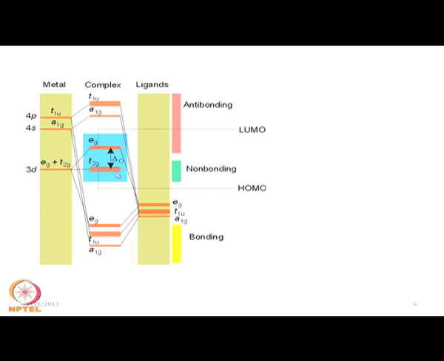But it is not only that. The eg level is involved in sigma interaction with the eg level from the ligand side. So, if the energy of this eg level from the ligand side is different, the stabilization energy for the eg level as well as the destabilized eg star level will also be different.